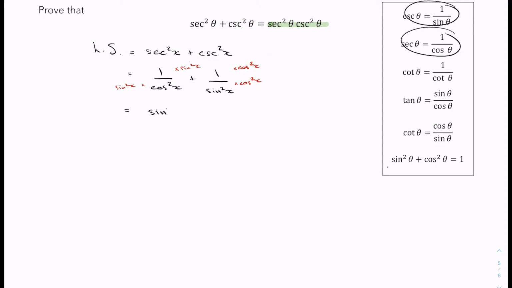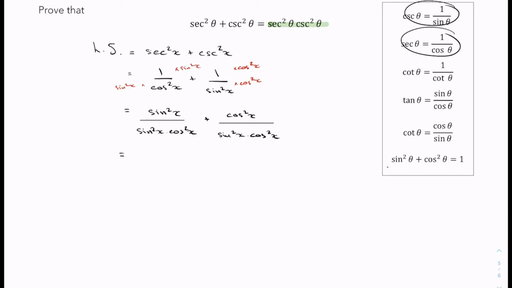So I have sine squared x over sine squared x times cos squared x, plus cos squared x all over the same thing, sine squared x times cos squared x. And I can combine them together.